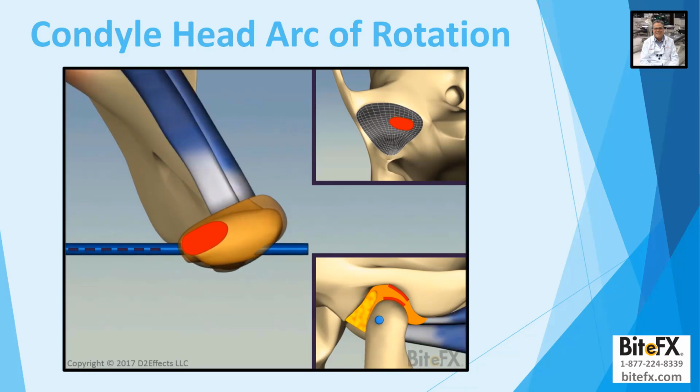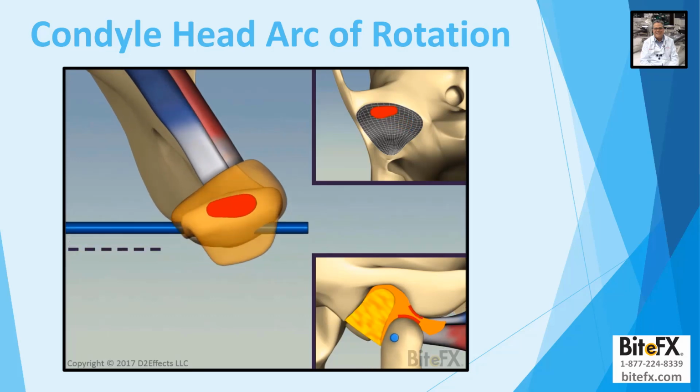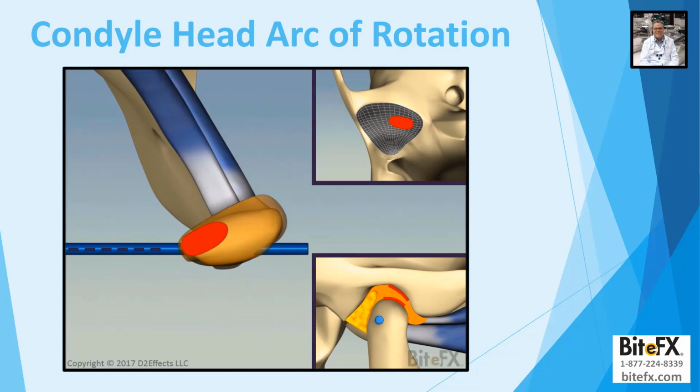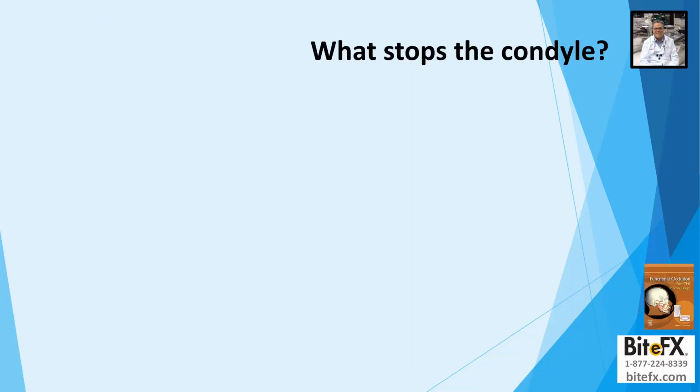In this animation we're adding in the muscles of the superior and inferior head of the lateral pterygoid as translation occurs, with the axis of rotation around the medial pole.